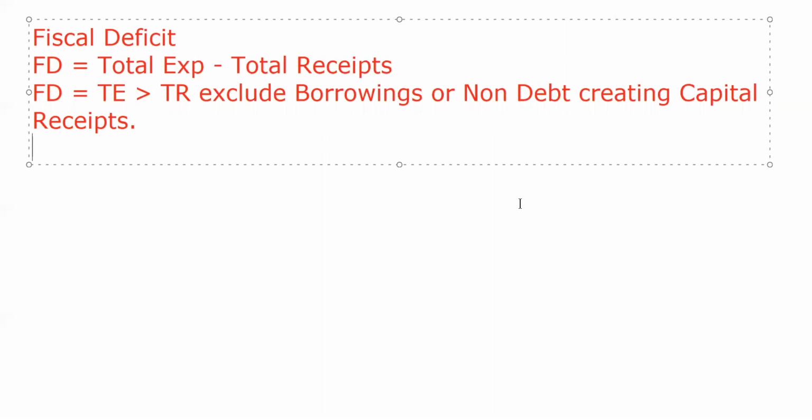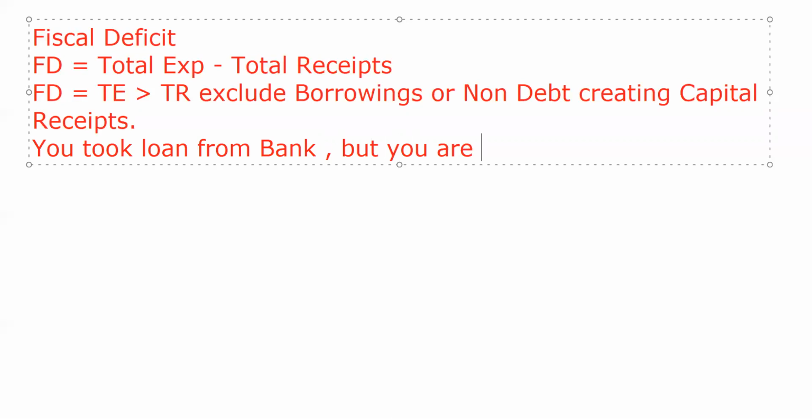Suppose we'll see this with the help of an example. Suppose you took a loan from a bank, any amount for property, for a house, for anything, but you are not able to repay the loan.